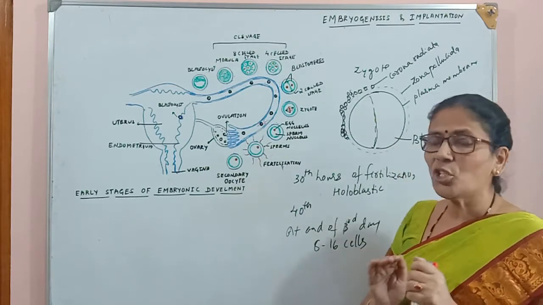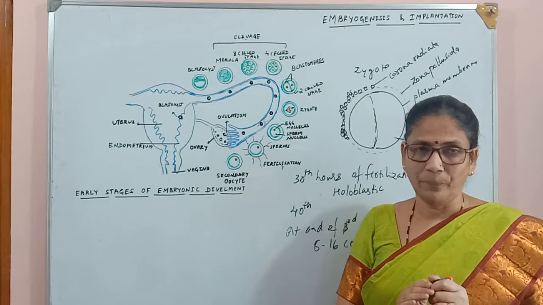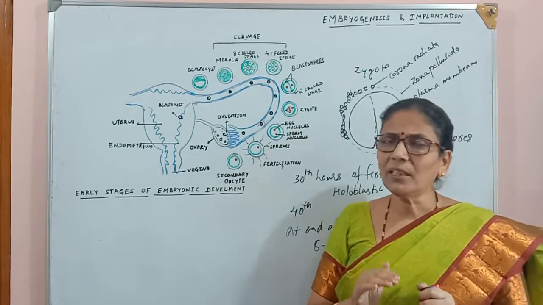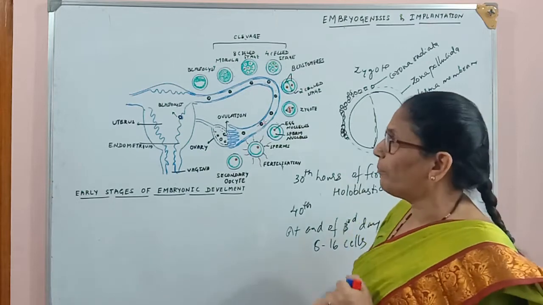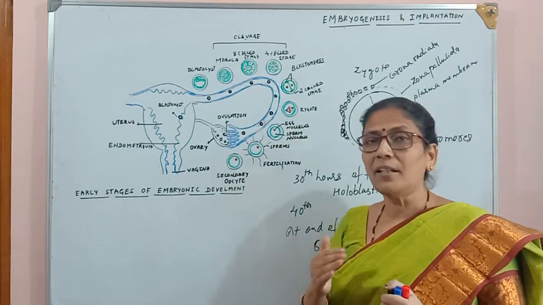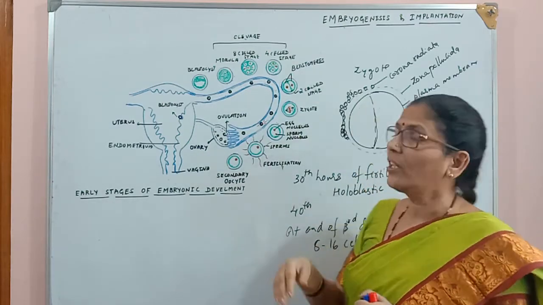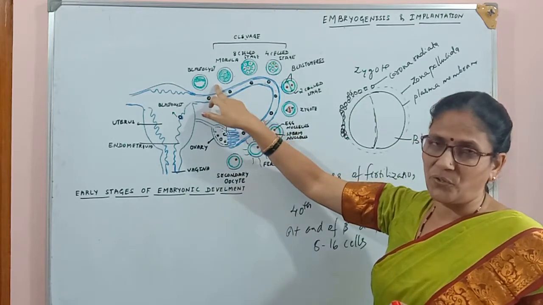This is one change which takes place in the morula. Also, the morula suddenly undergoes many continuous divisions and forms many more cells, and it turns to the next stage that we call the blastocyst.